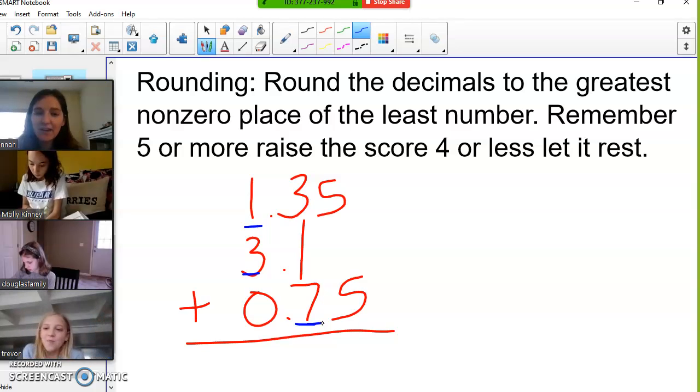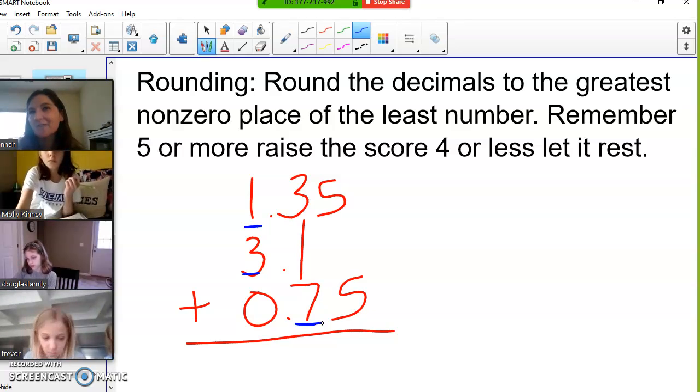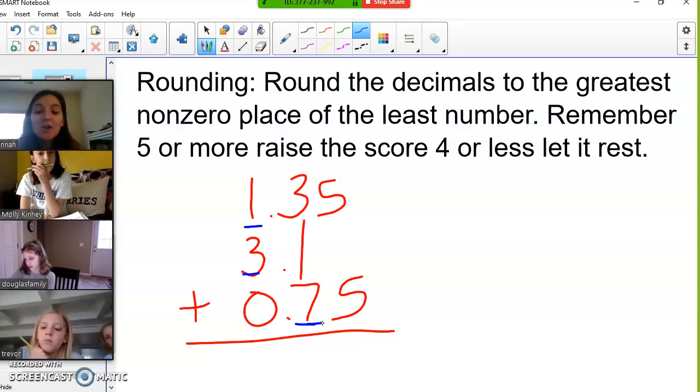I'm sorry, I feel like I just tripped over my words there. Let me back up. You're going to figure out which number. So if I look at 0.7, that's the least number, and that's the greatest spot you can have. So then I'm going to go through all of them and round them to that spot.